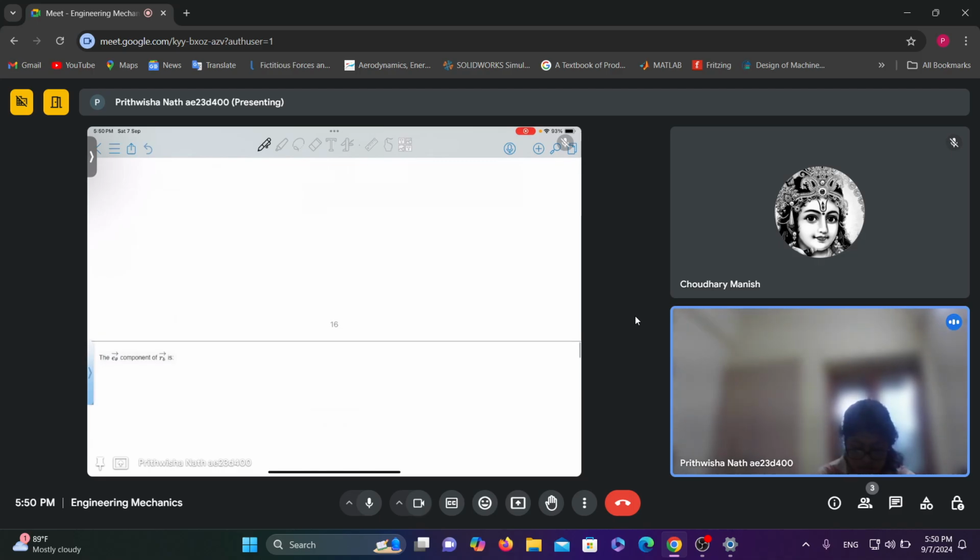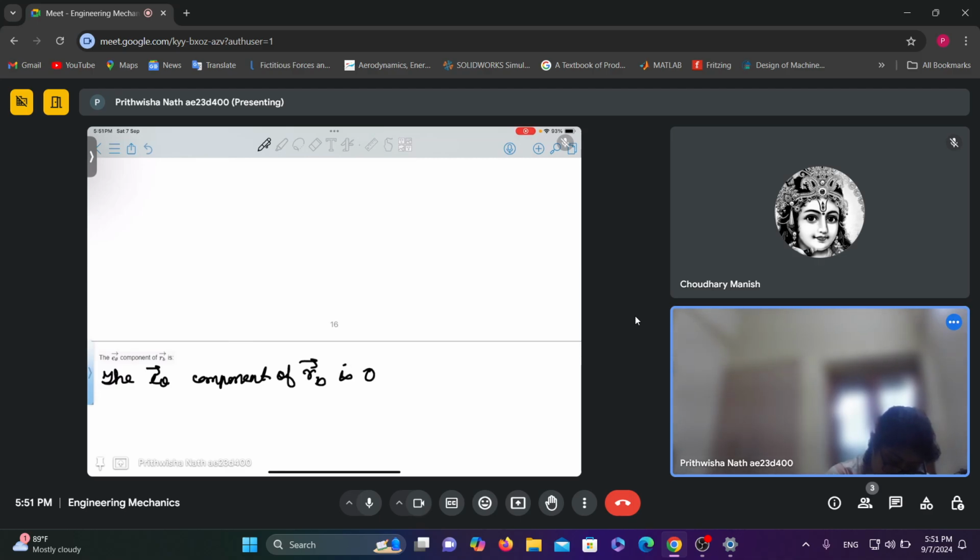Now it is asked for the E theta component. So there is no E theta component. The E theta component of RB is 0.